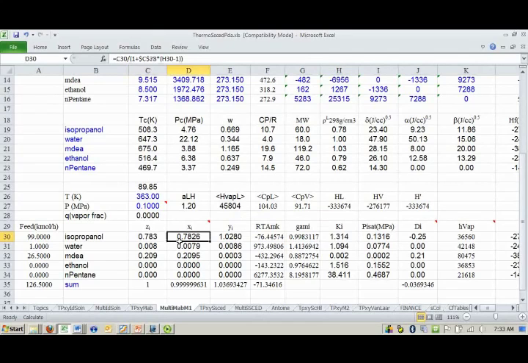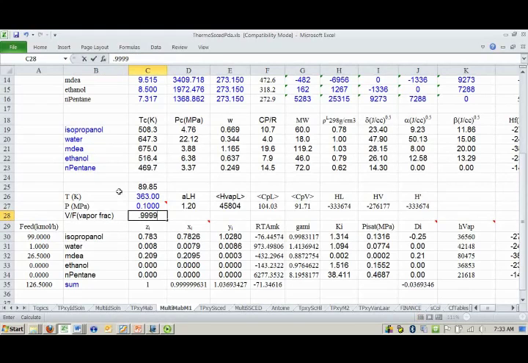The reason we got out of that here is because we set our mole fraction of vapor to be equal to practically 0.